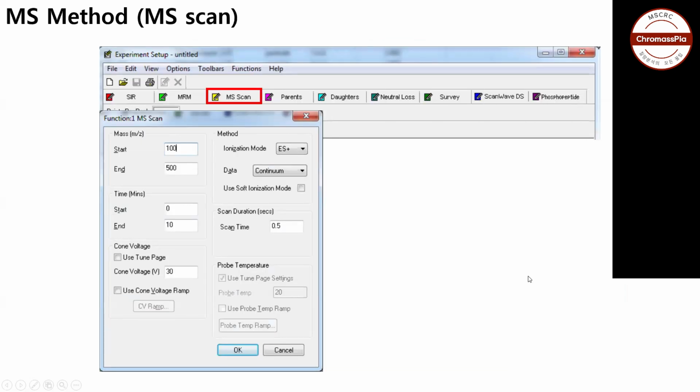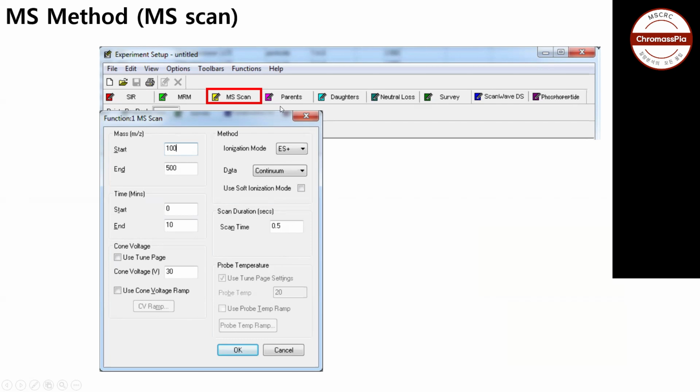And the next is the MS method. For MS scan, it's similar to others. It's actually simple. You can set the mass range and time. We can select whether we will use the tune page or select the converters in here.